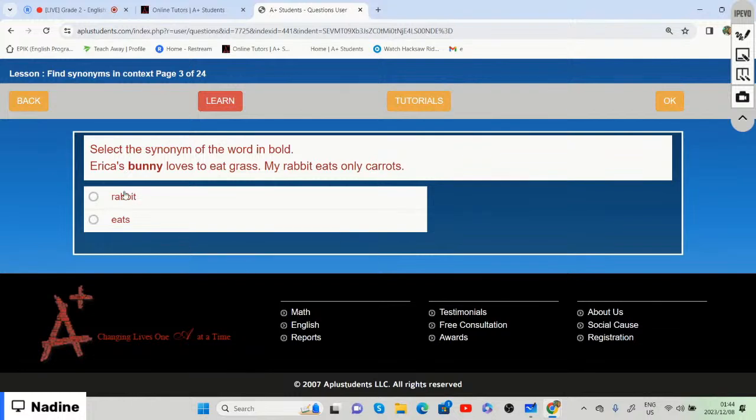And then, Erica's bunny loves to eat grass. My rabbit eats only carrots. So bunny, what is another word for bunny? Is it rabbit or is it eats?